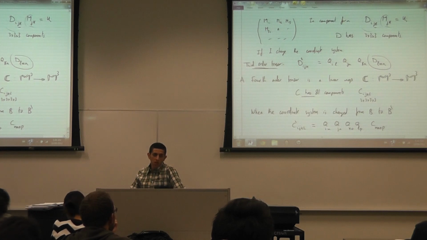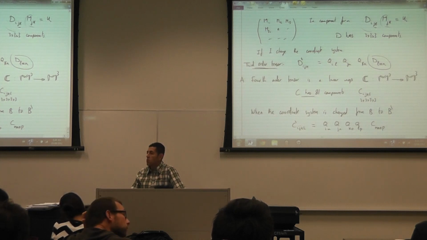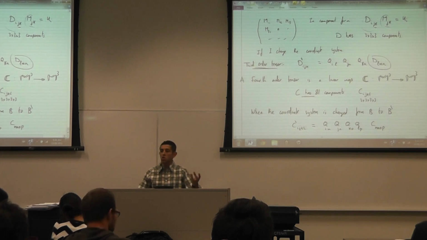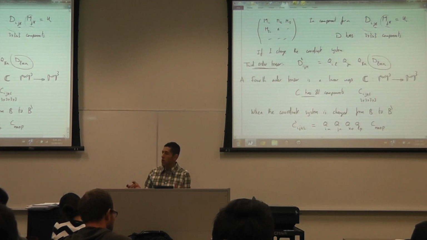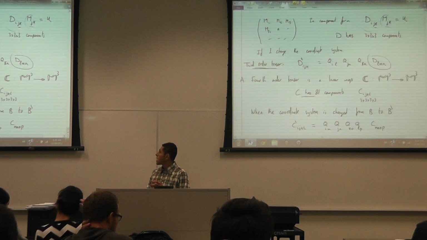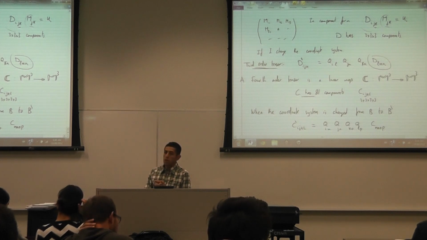We're going to study the stress, which is a matrix, and the strain, which is a matrix. The relationship between the stress and the strain is a relationship between two matrices. For every stress matrix, I have a strain matrix. For every strain matrix, I have a stress matrix. This relationship is described by a linear map that is called the fourth order tensor C.